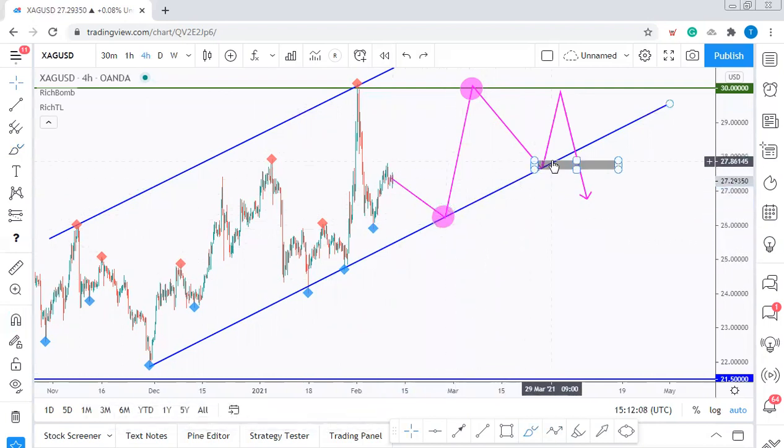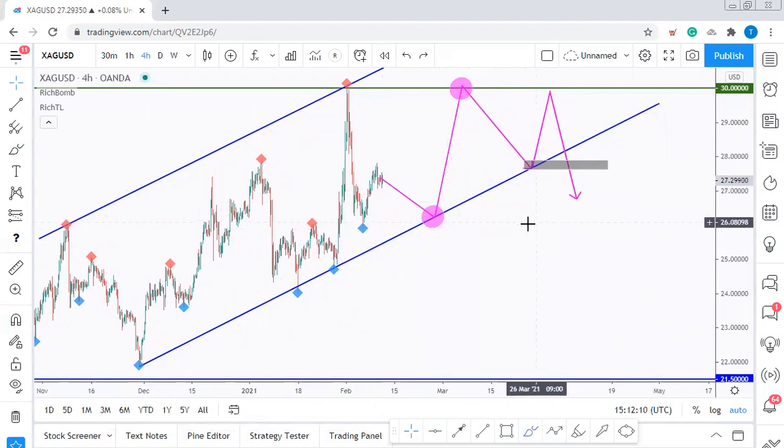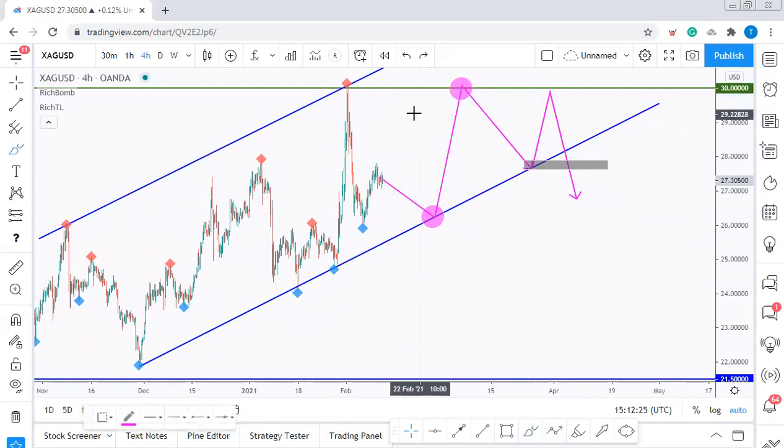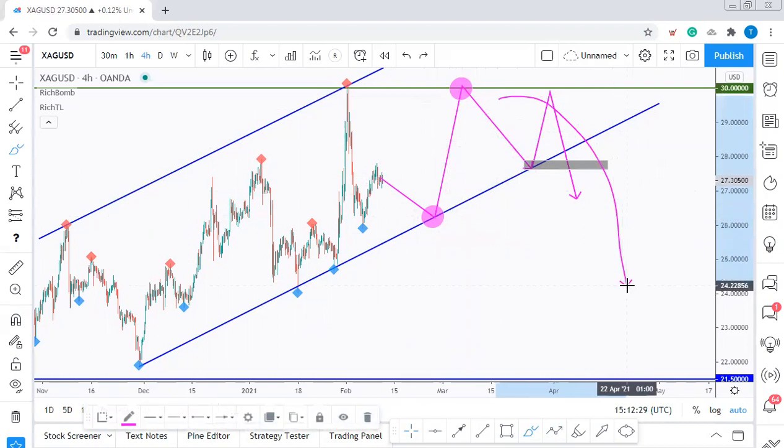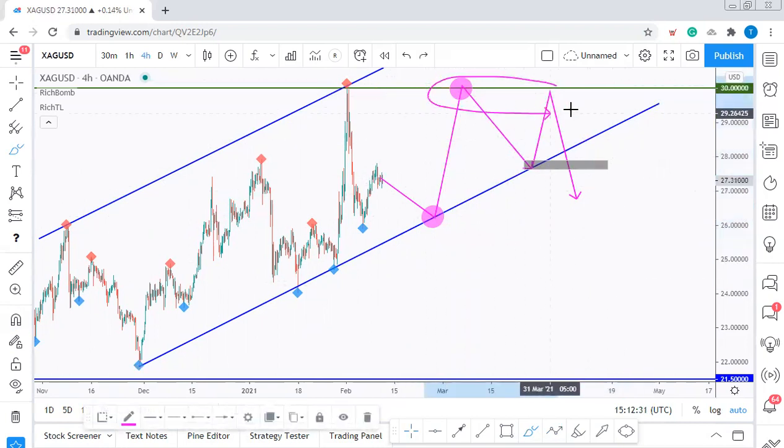So in this case, to sell silver from a long-term perspective, we want to see it approaching our upper 30K level, because we will not sell it from here. We want to sell around resistance, and it is either from a short-term perspective like here, or from a long-term perspective. We want to sell around the resistance.